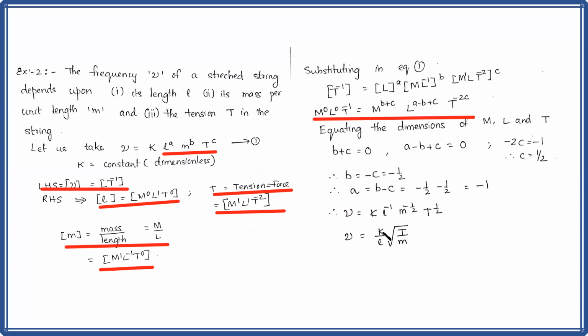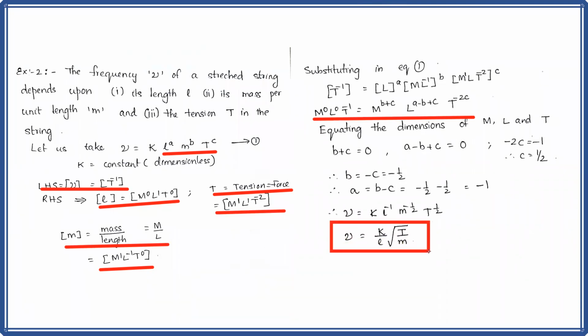Therefore L minus 1 will go to the denominator, and then under root T to the power of half, and M to the power of minus half will go to the denominator. It all comes under root. So this is the final expression which we have derived.